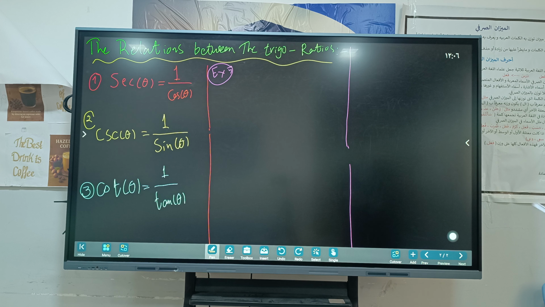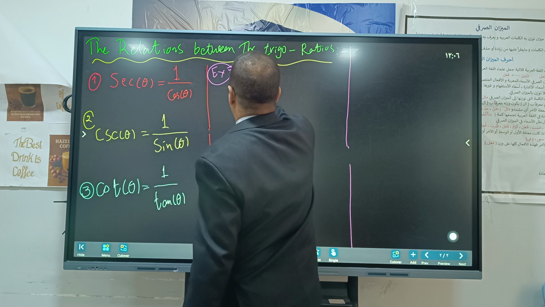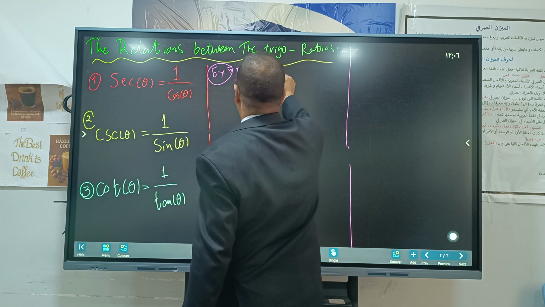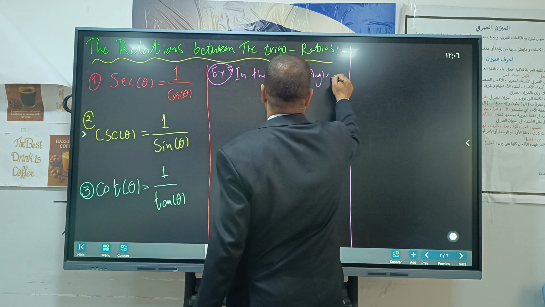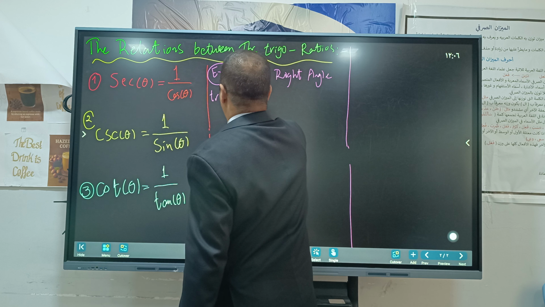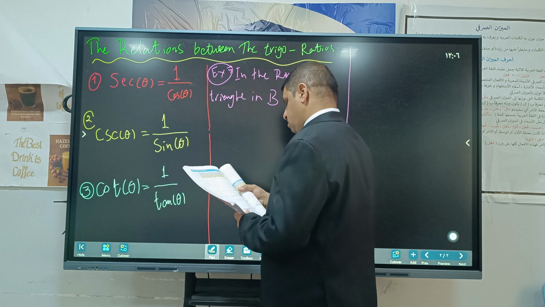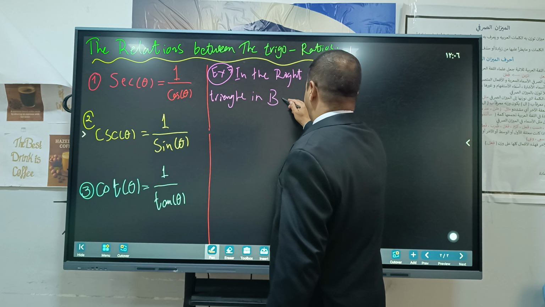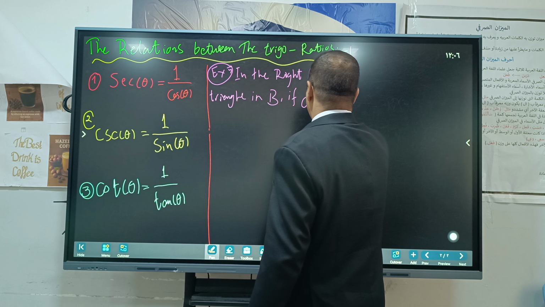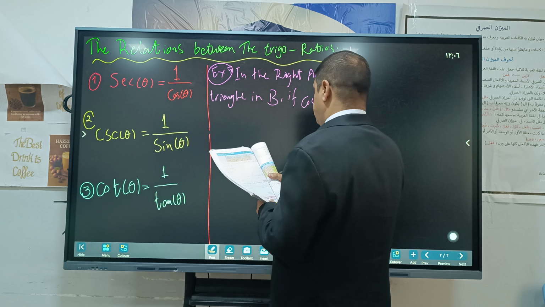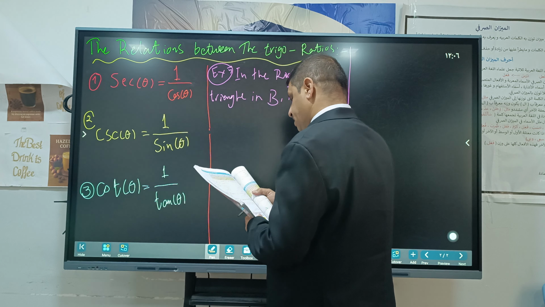Now, he says, in the right angle triangle ABC, right angled at B, if cosine of A equals square root of 3 divided by square root of 11.